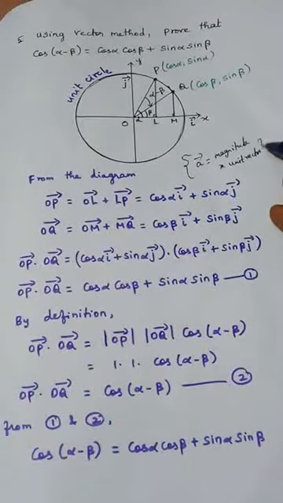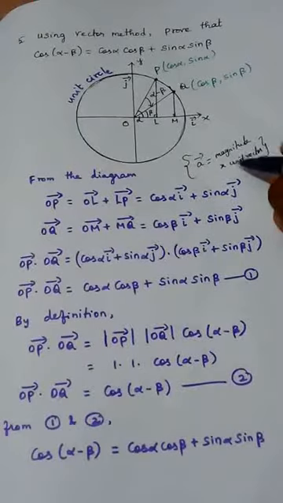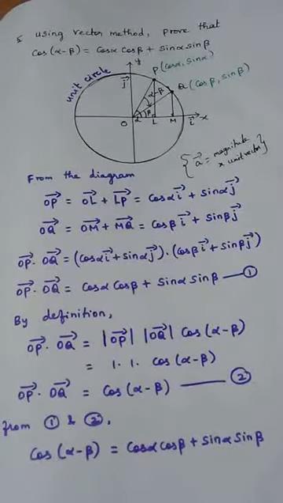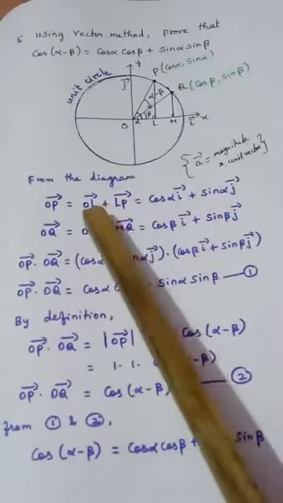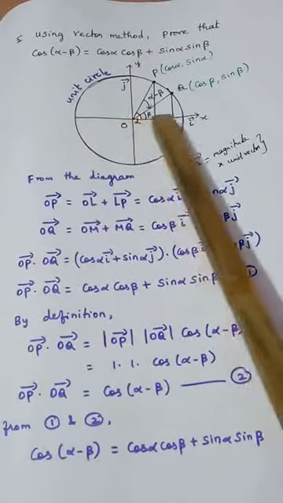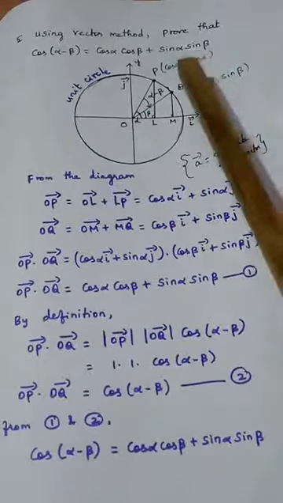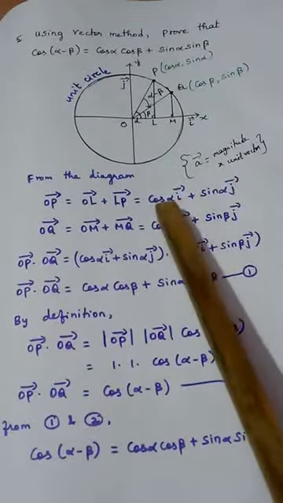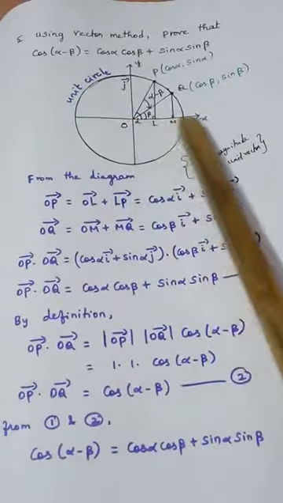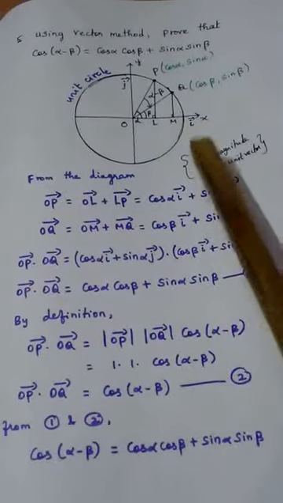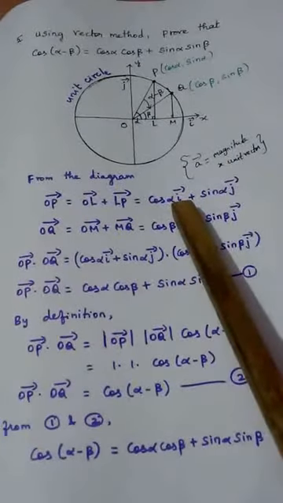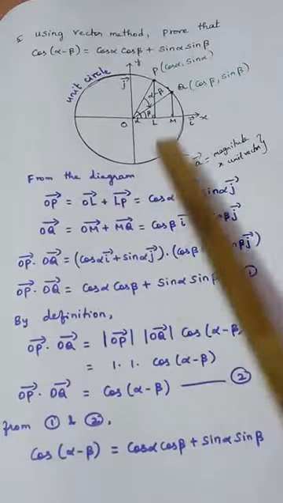Any vector can be written as a product of two things like this. So if you see OL vector, the magnitude, the length is given by cos alpha. Since it goes in x direction, unit vector is I vector. So magnitude times unit vector, plus LP.